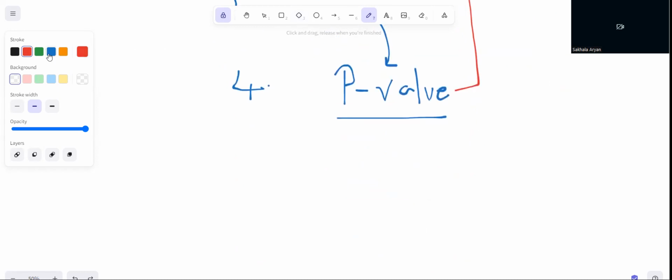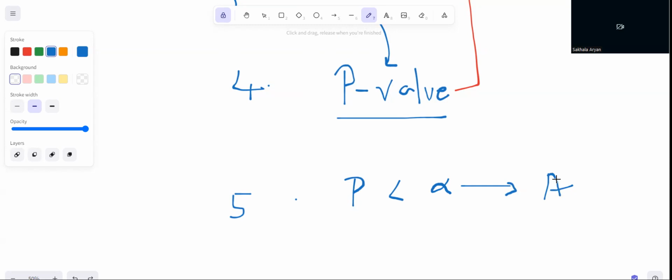The last step, the final step, which is making a decision, is that you compare your p-value to the alpha, which is your significance value. If your p-value is less than alpha, you reject the null hypothesis, which is, you go with your alternative hypothesis, and conclude that there is a significant difference.